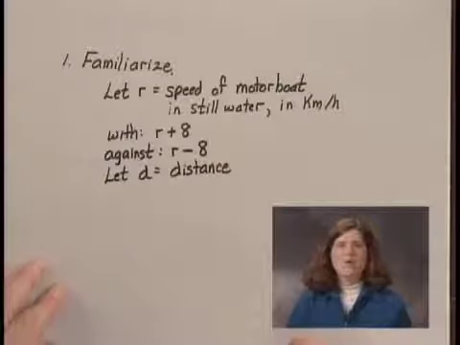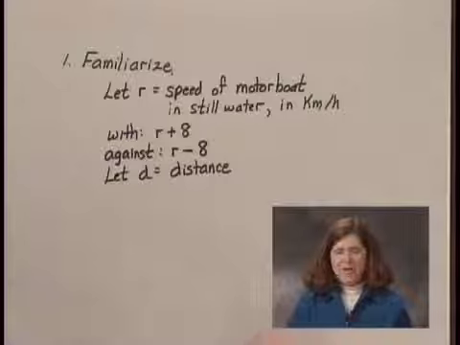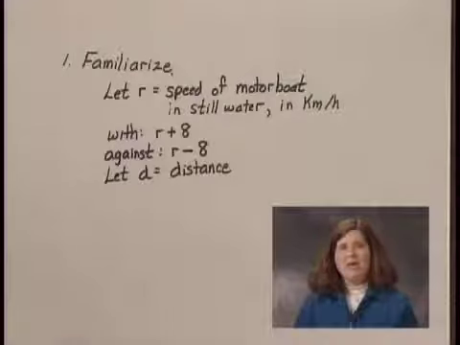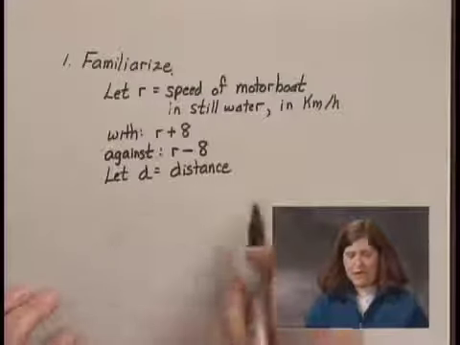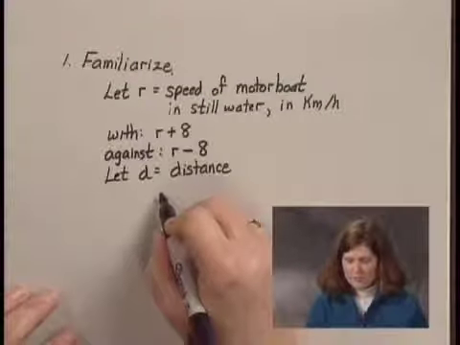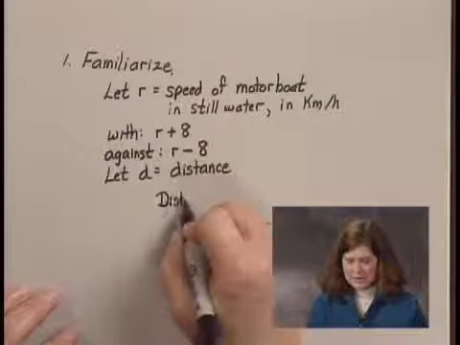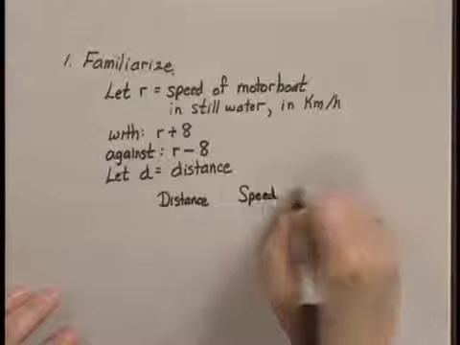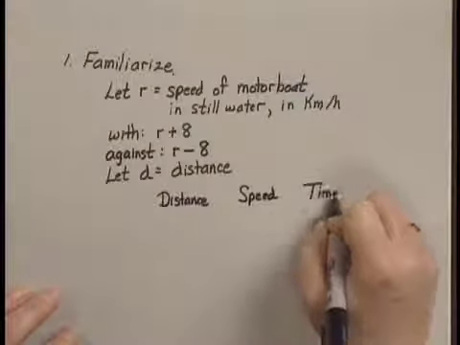Now, as with any motion problem, this information can be organized into a table to help us translate the problem to mathematical language. In a table, we let the columns stand for distance, speed, and time.